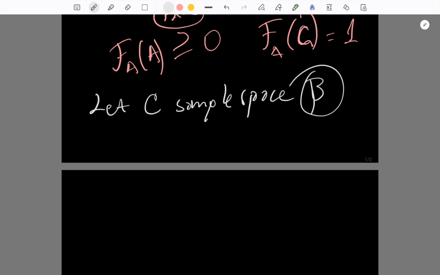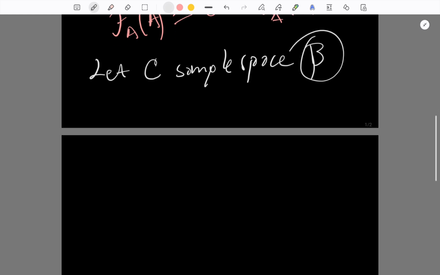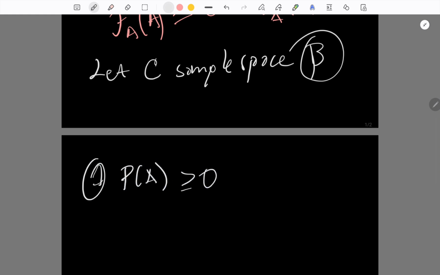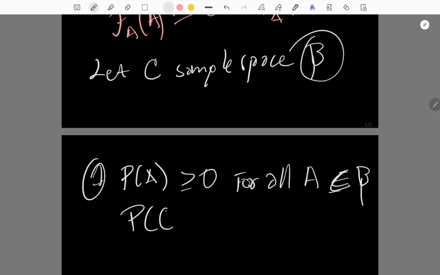So a probability set function satisfies the following three conditions. The first condition is that the probability of a set is greater than or equal to 0 for all sets in that collection. The probability of the sample space equals 1.